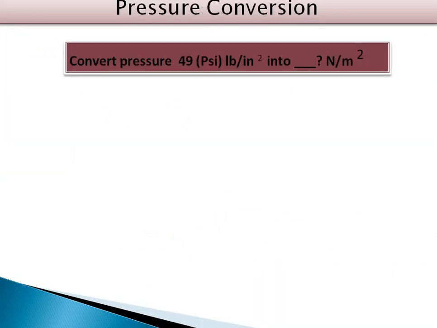Again we will take one more example. Convert pressure of 49 psi into Newton per meter square. Okay, now 49 psi is nothing but 49 lb per inch square. So 49 into 0.45 divided by 2.54 square.